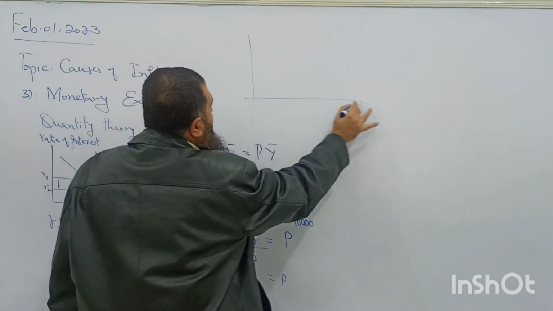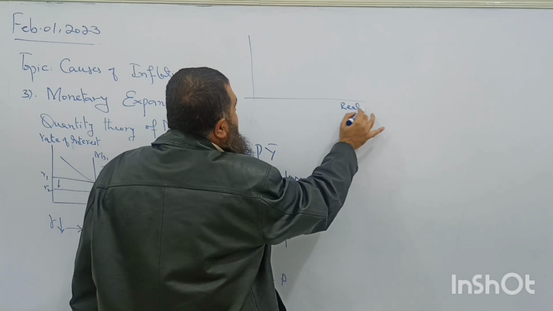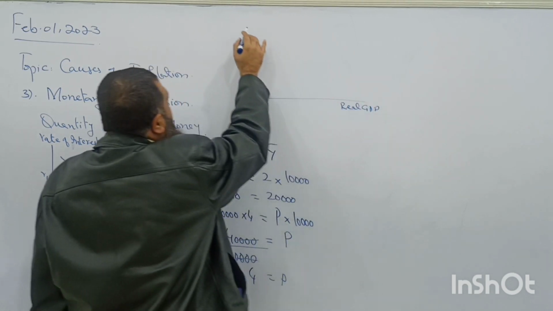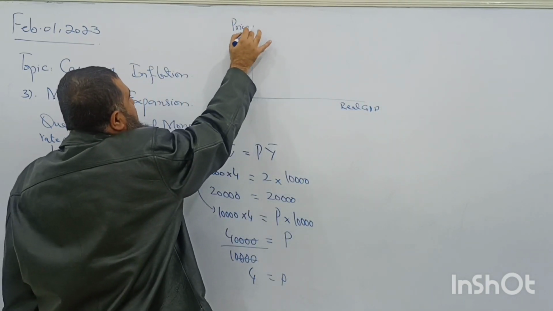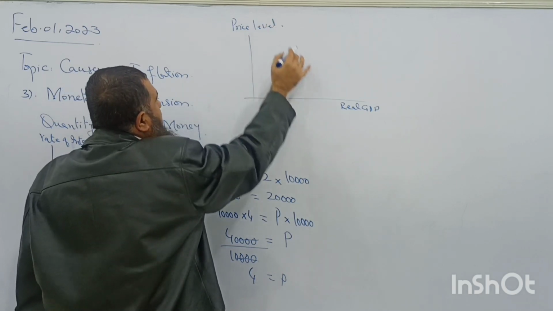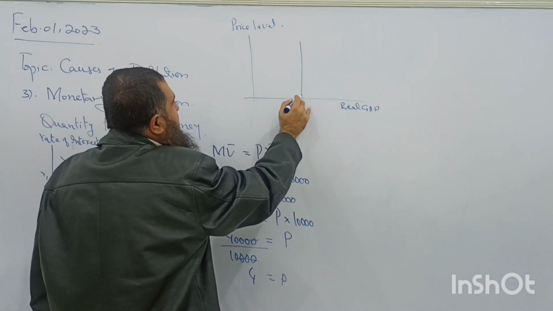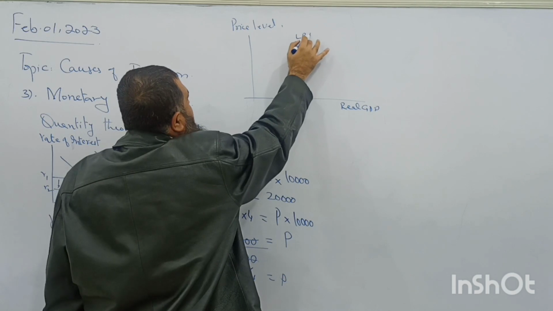What happens in the product market? Here I am taking real GDP and here I am taking price level. Alright, this is the aggregate supply which is fixed, nominal aggregate supply.